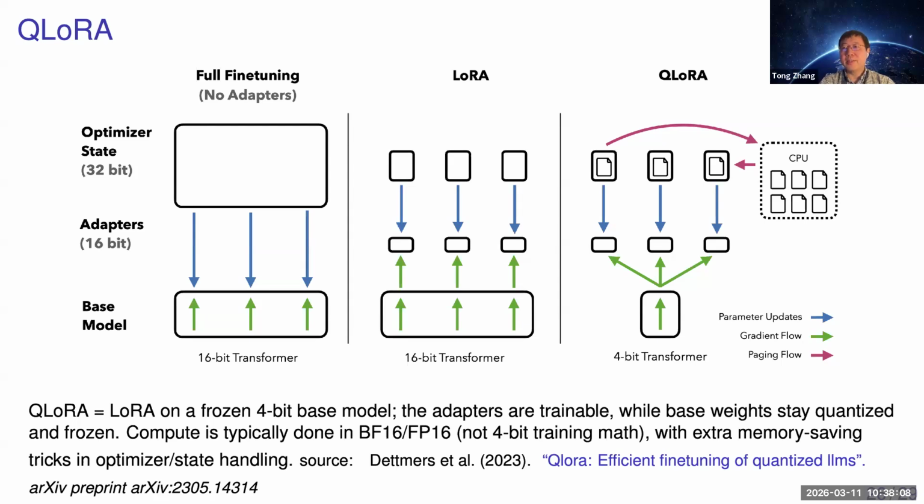So QLoRA just says, instead of using 32 or 16 bits, this is a LoRA for your 16-bit transformer base model, with a small adapter, you use a 4-bit model for the base, because it is for inference only.